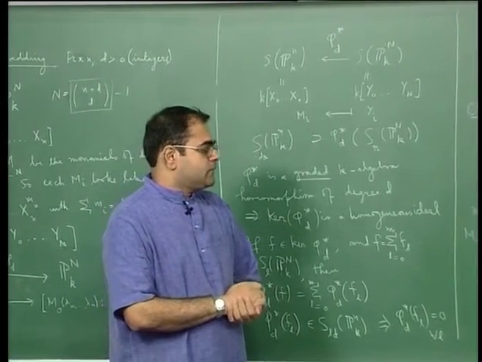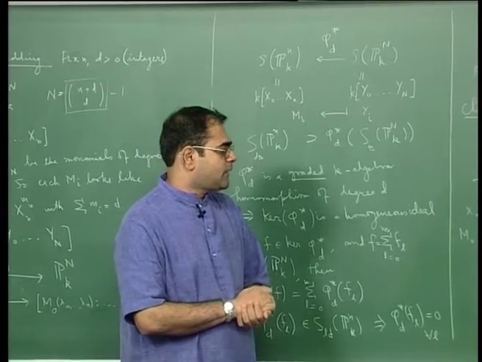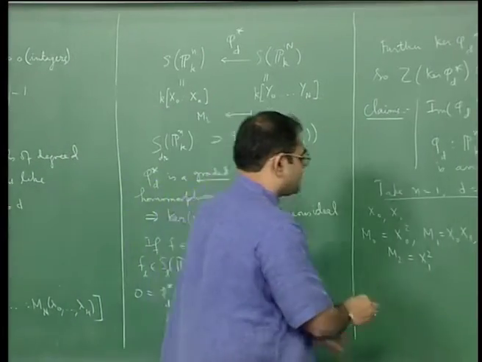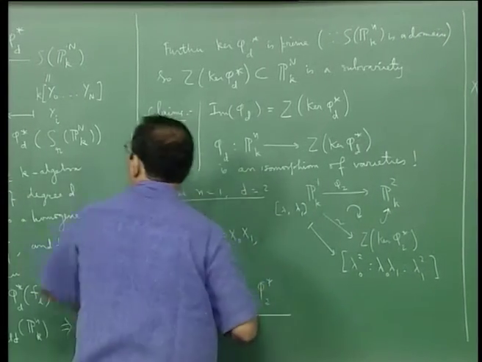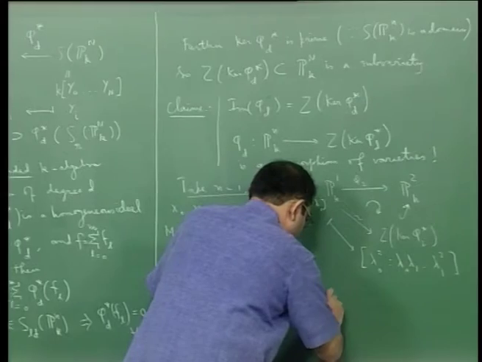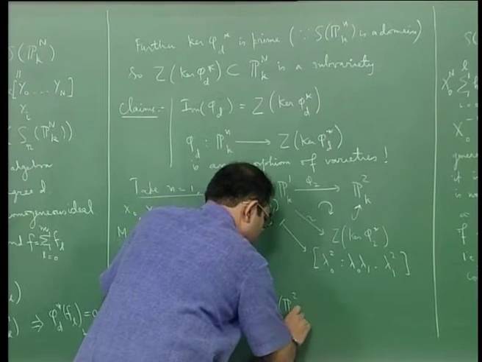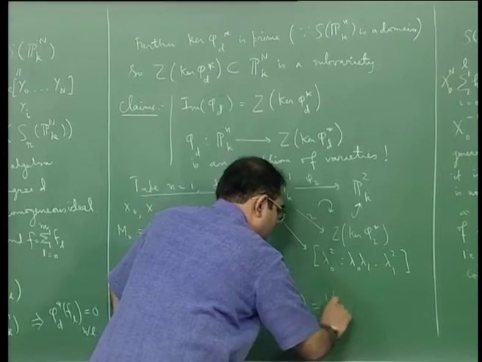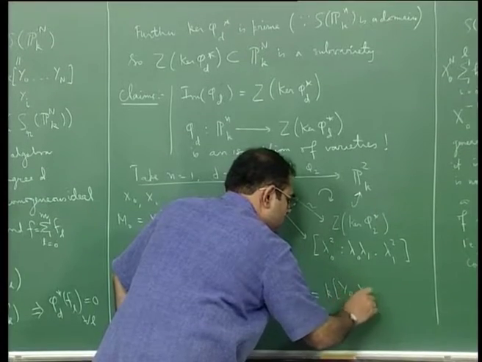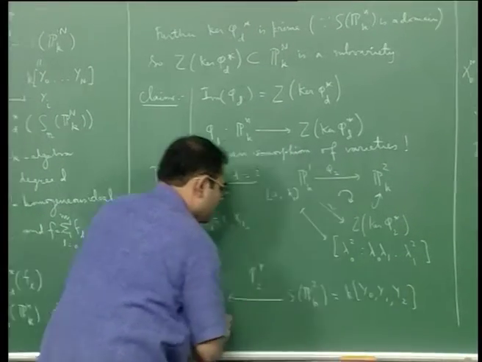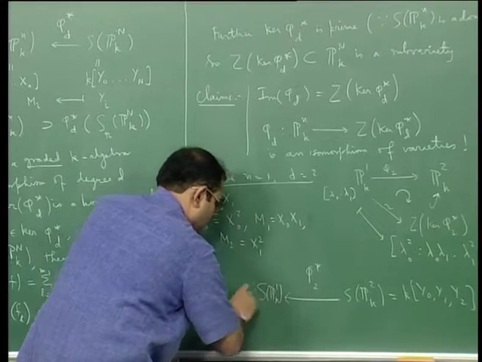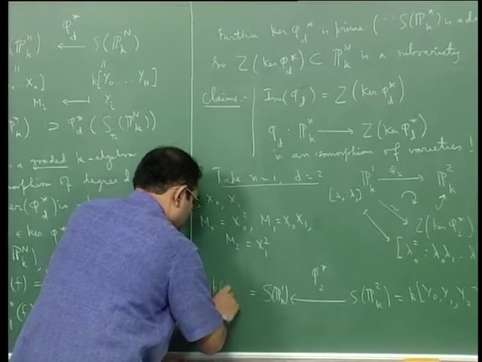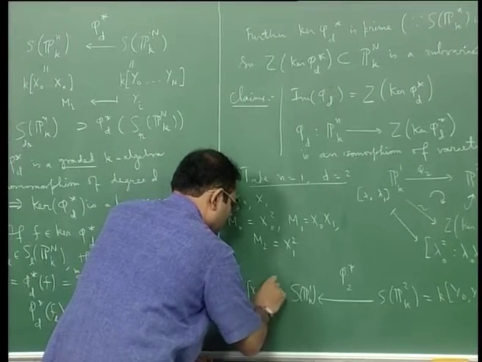And what is this phi 2 star? It is the map from S of P2, which is just identified with k[y0, y1, y2], to S of P1, which is k[x0, x1]. You know what this map is.